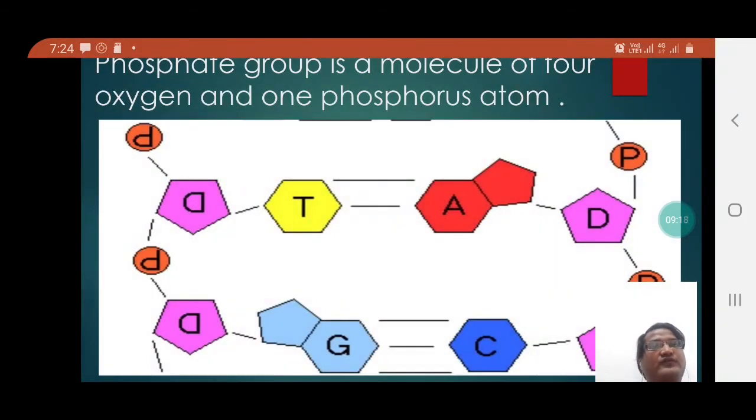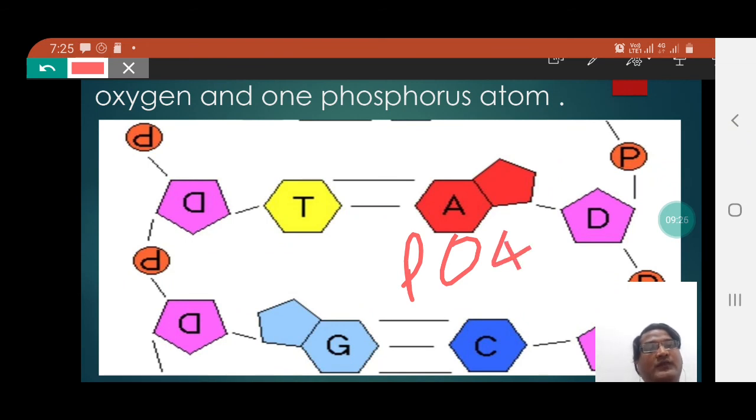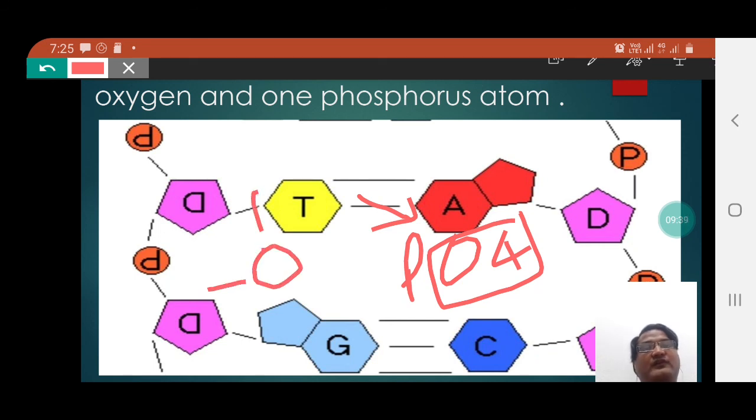Students, the phosphate group is also represented by PO4. Now students, here we can easily notice the 4 oxygen atoms and 1 phosphorus atom. So the phosphate group present in the DNA appears in this way.